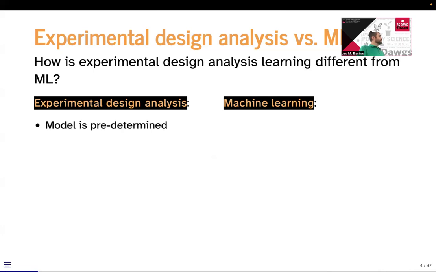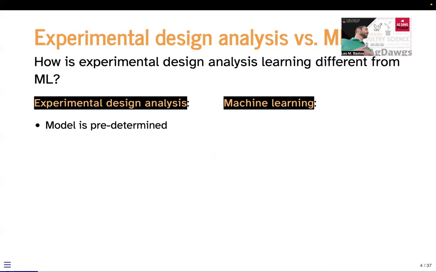So for the most part as well, on the experimental design side, the model is predetermined. And that's something that we talked a lot about as we were going through those exercises. If you remember, we had a specific model for CRD, a specific model for CBD, for split plot, and so on.